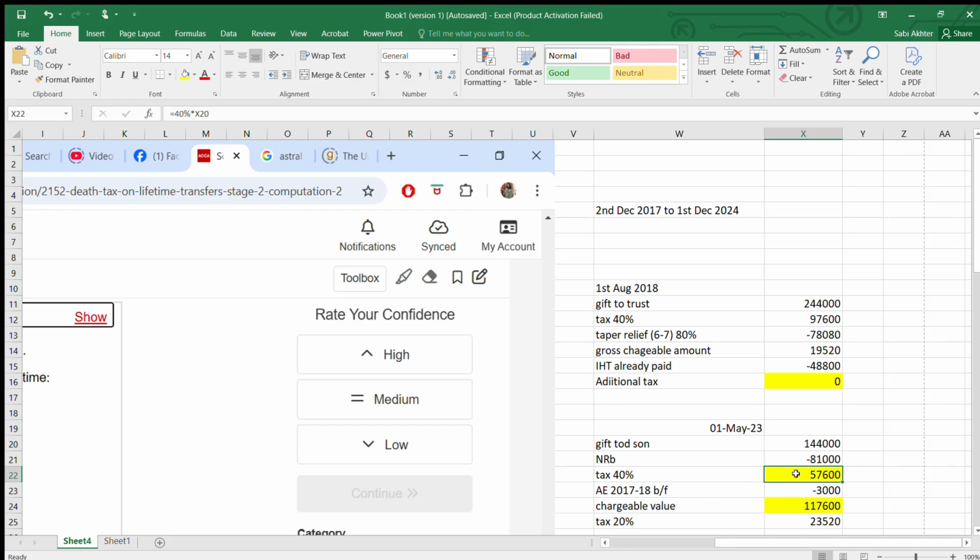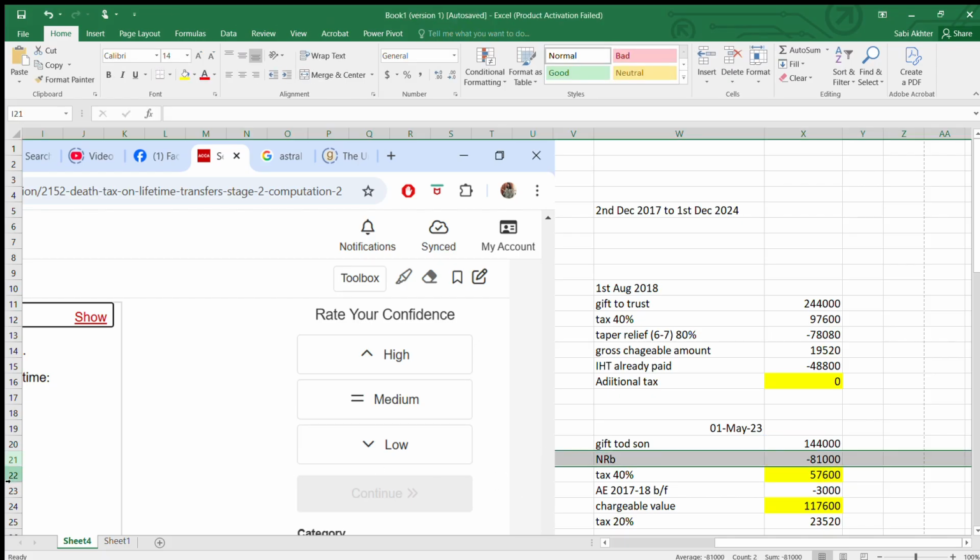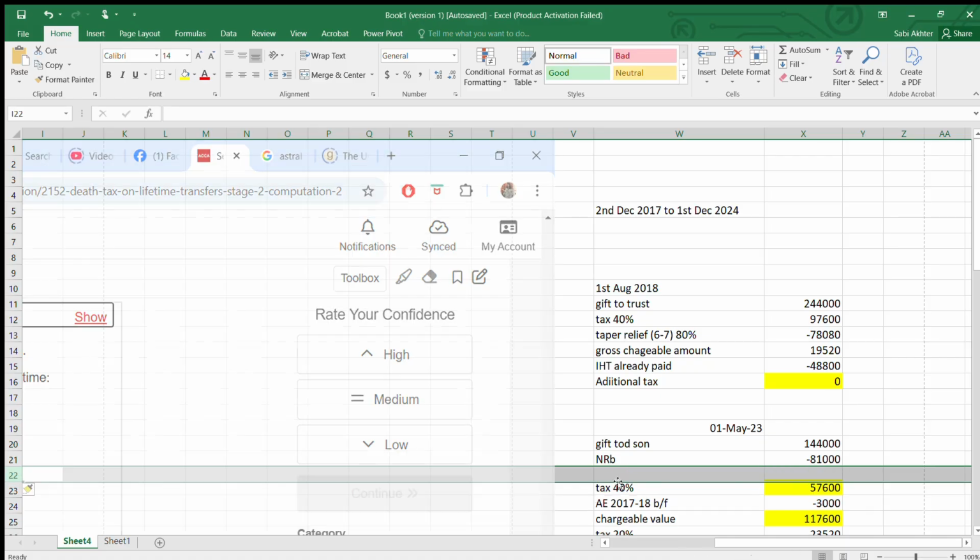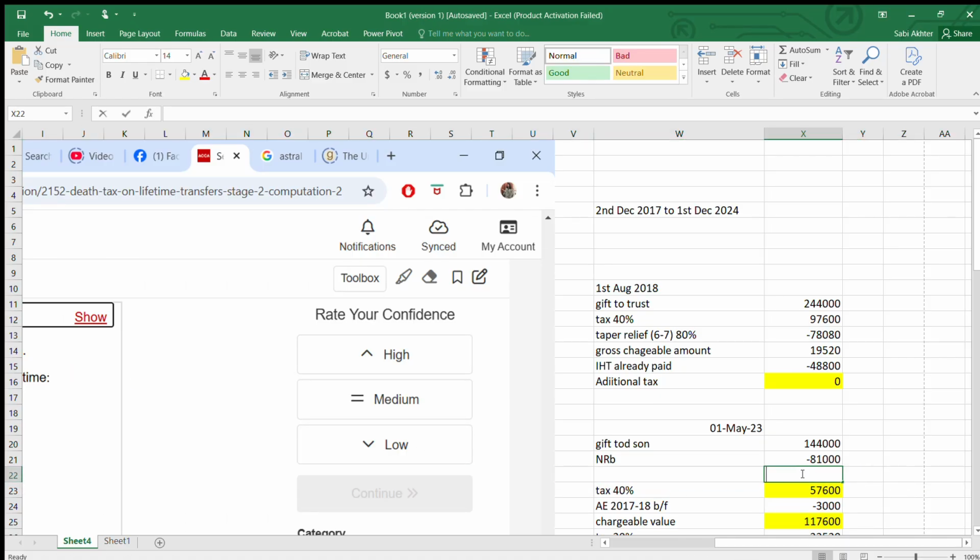So then let's do the sum function here. 63,000. Now on this 63,000 we are going to find tax at 40%, which is 25,200. Remember this was a PET, so you did not pay any tax during lifetime.